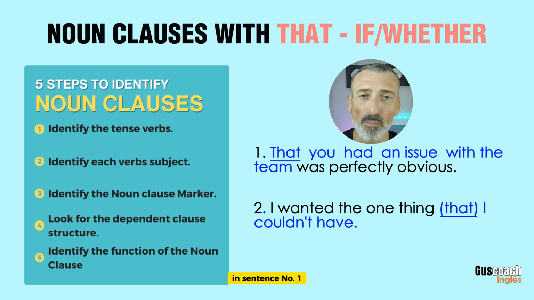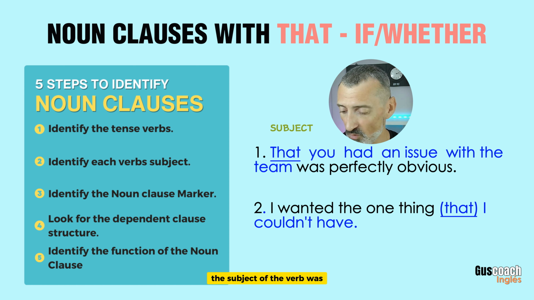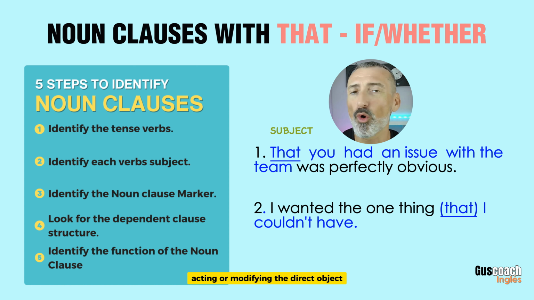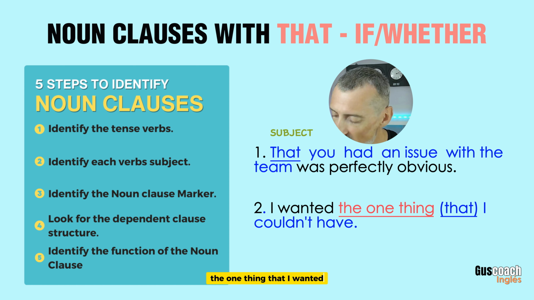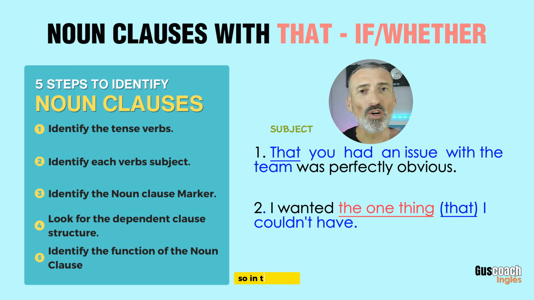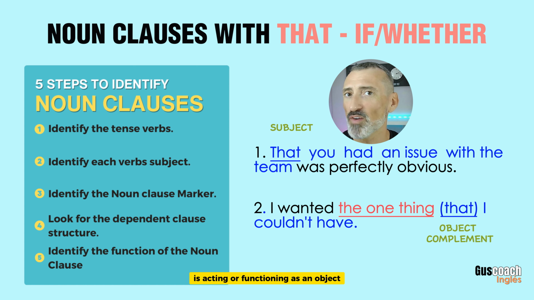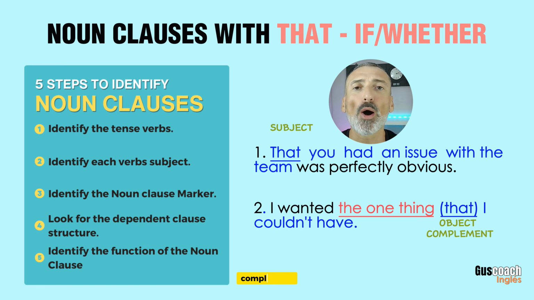In sentence number 1, as mentioned earlier, the noun clause is functioning as the subject of the verb was, and in sentence number 2, we have the noun clause modifying the direct object, which is the one thing that I wanted. So in this case, it's acting or functioning as an object complement.